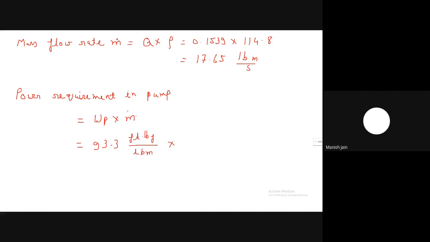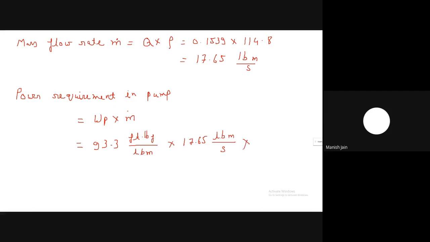Multiply by the mass flow rate, that is 17.65. The unit is pound divided by second. This is the unit of the mass flow rate.